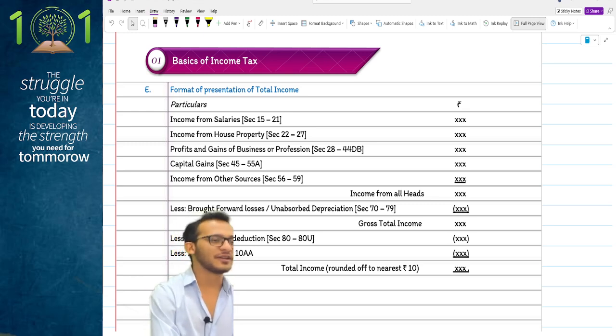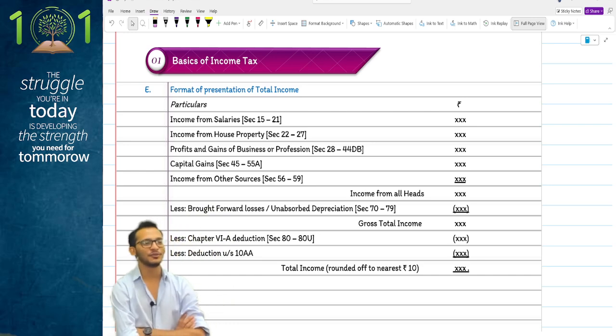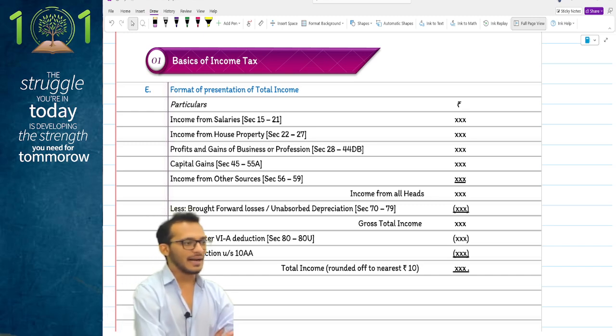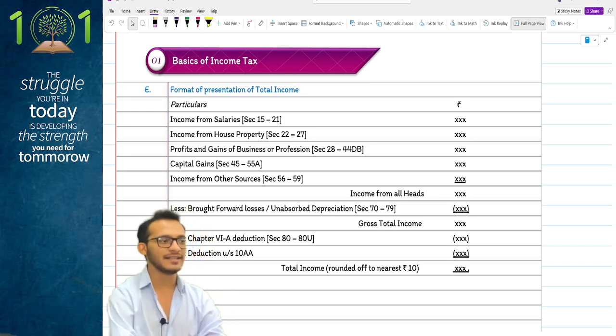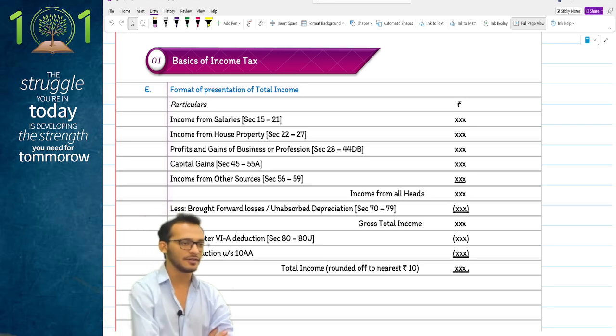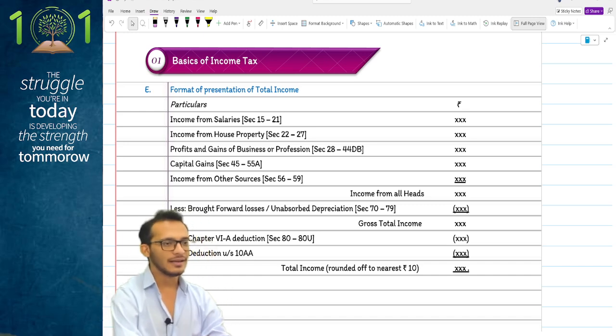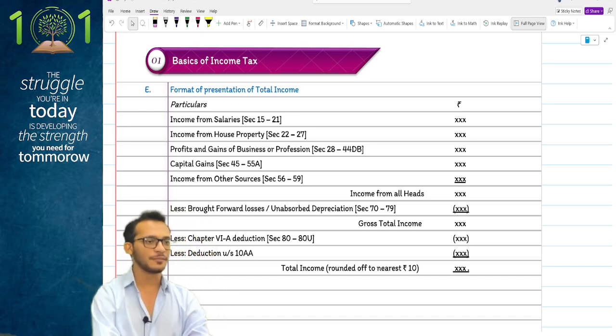It's always preferable to do a computation first, because otherwise you may do a tax audit and later, during computation, realize something was missed out. Then your return will be a mess because an intimation will come saying it is not matching with the tax audit report. So it's always preferable to prepare a computation, at least at a draft level. Then use that computation to prepare a tax audit report and then go for ITR.